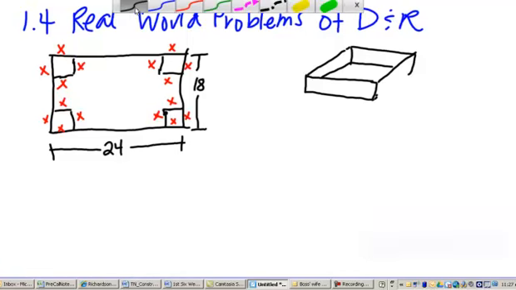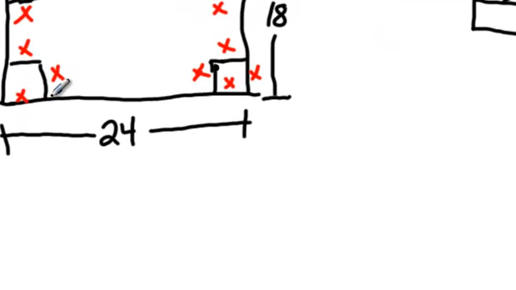Now, we can figure out what these lengths are even though we don't know what X is. All we know is that our new side length, so this length is 24, but remember we took out X values. So now the length of this is going to be 24 minus 2x.